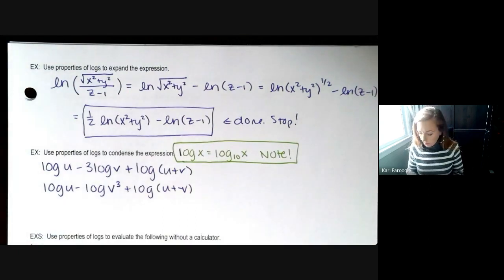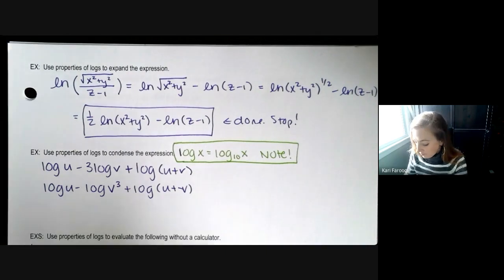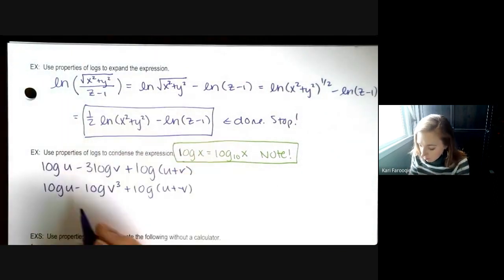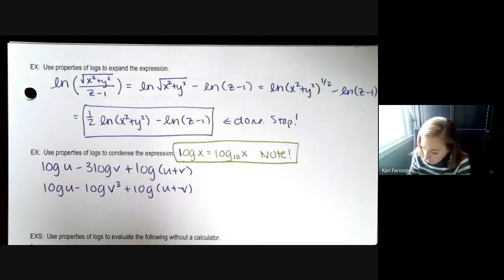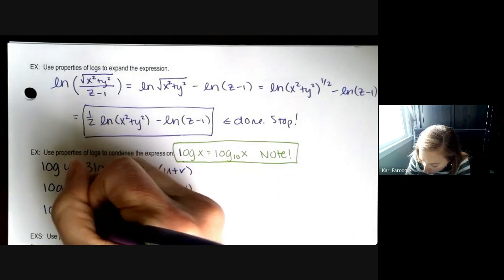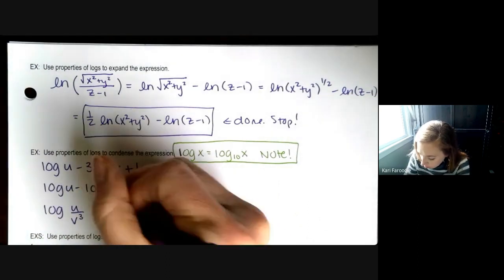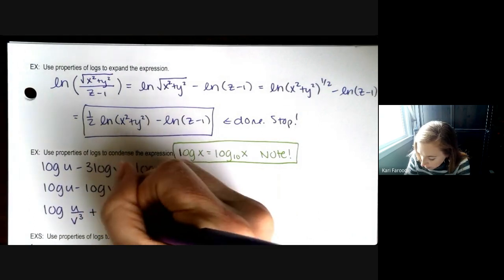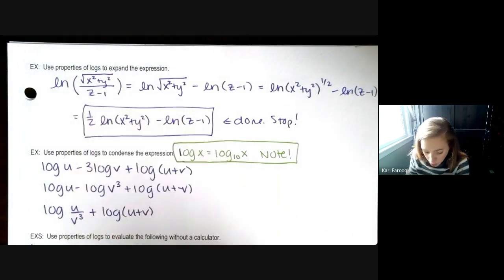Okay, and then we'll just move in order and simplify these logarithms from left to right. So if you have log of u minus log of v cubed, we'll say that this is the log of u over v cubed, plus the log of u plus v.